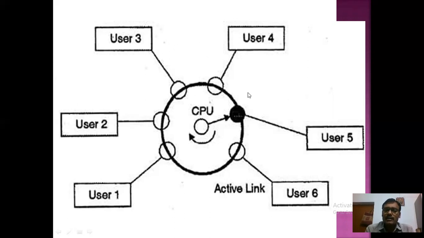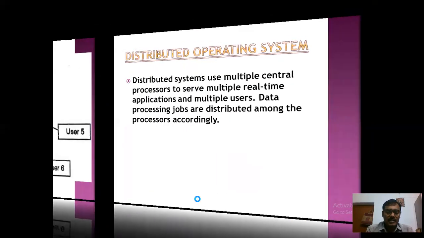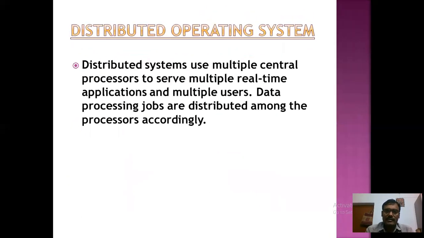This process is so fast that it appears that all the processes are taking place at the same time. This is in the form of a cycle, and this process is repeated very fast. Now you have understood the time sharing operating system, in which time is shared among different users.